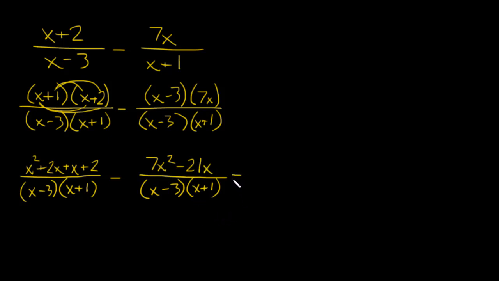Now I can combine my tops. Let me put my x minus 3, x plus 1 denominator down. And now let's add across, or subtract, I guess would be a better way to say that. So I've got an x squared here, and a minus 7x squared here. So x squared minus 7x squared will give me negative 6x squared.